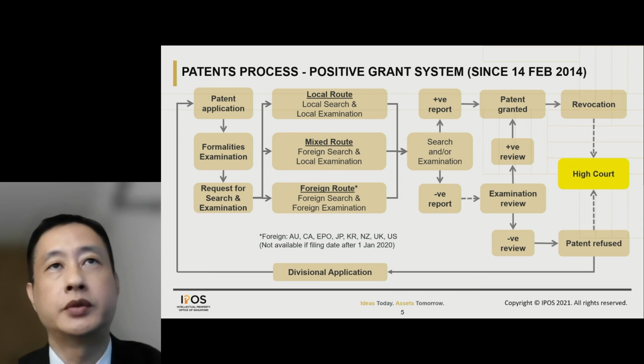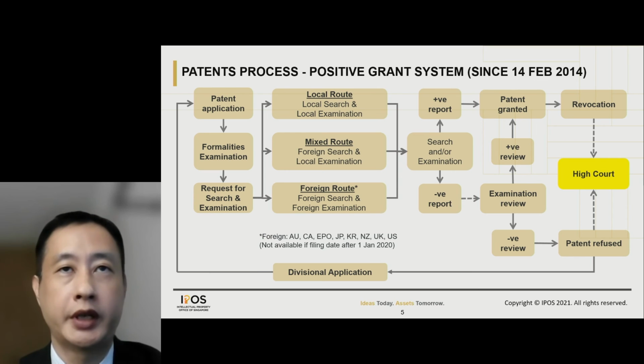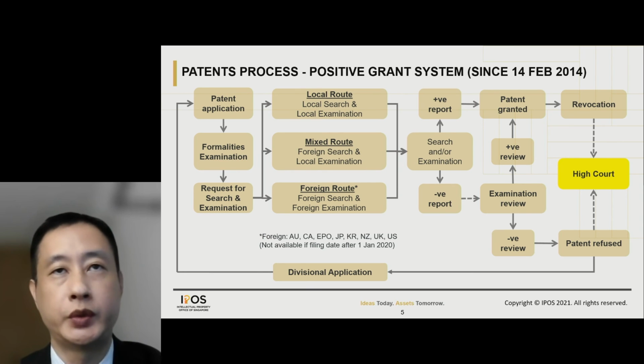There is a mixed route where there is foreign search and local examination. And then there's a foreign route where there is foreign search and foreign examination. However, in the case of a foreign route, this is only open to specific countries. These countries are Australia, Canada, the EPO, Japan, Korea, New Zealand, the UK, and the US. However, this foreign route is currently being closed and is no longer available if the filing date is after the 1st of January 2020.